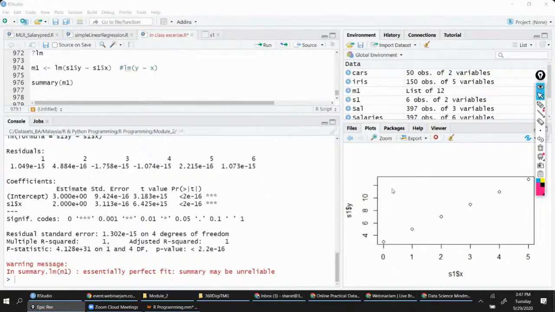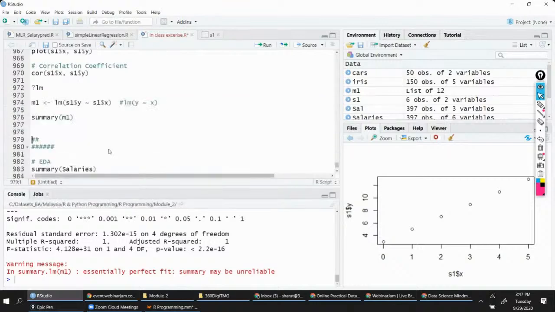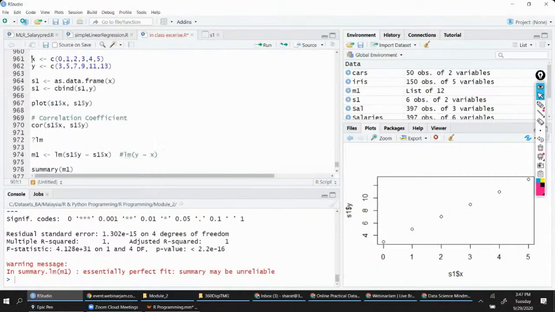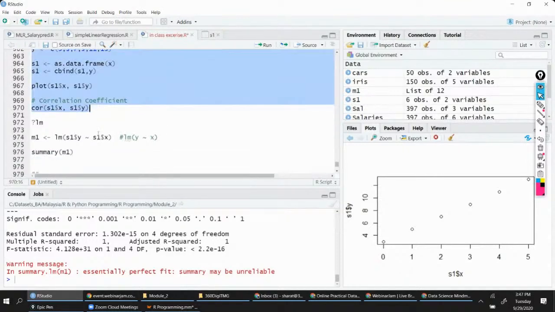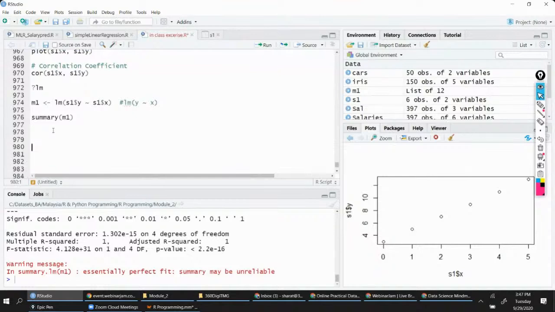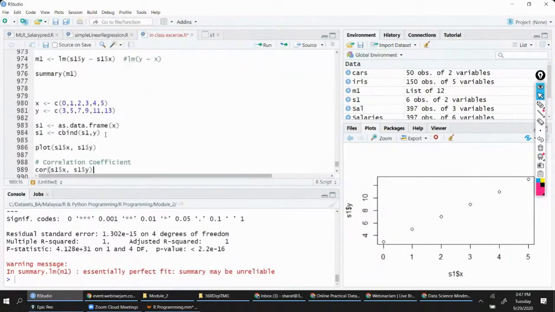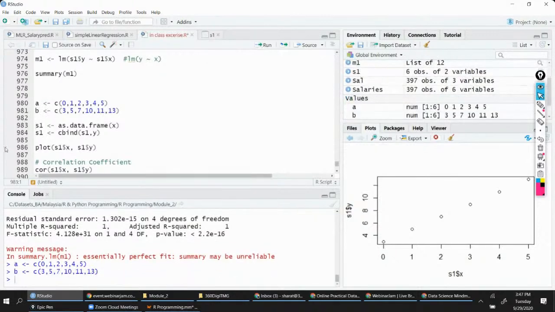if in reality the data is varying a little, I'll show you the same content, but let me change this a little. Probably I'll say y is equal to 10. So I'll call this A, this B, and I'll call this S2.